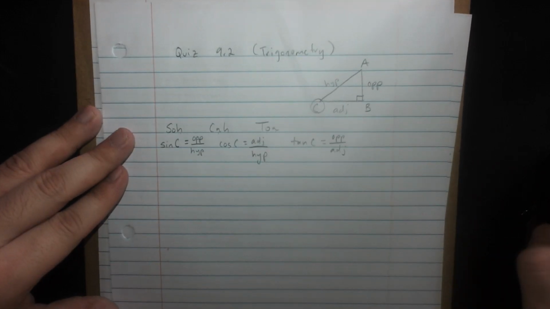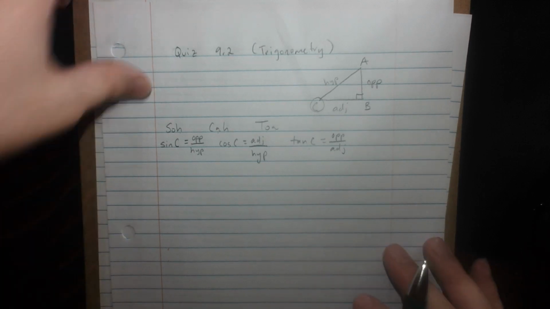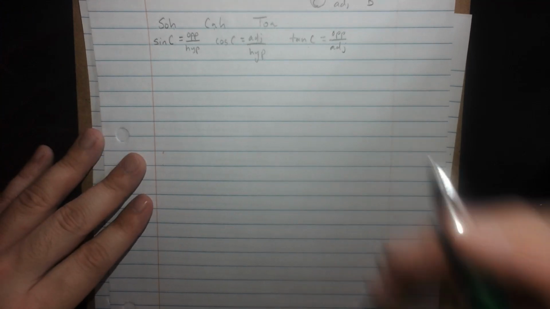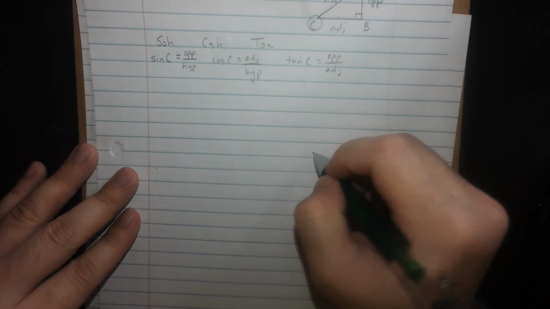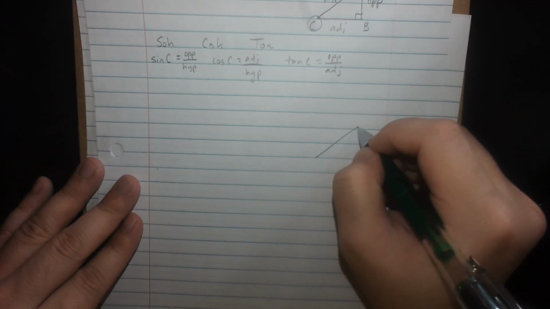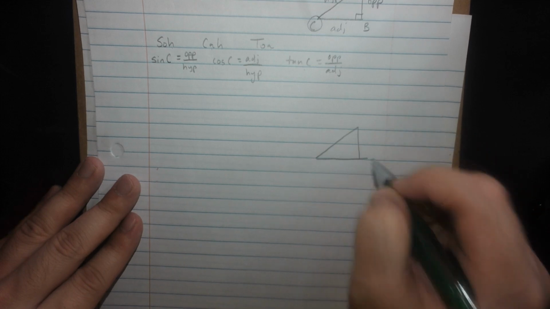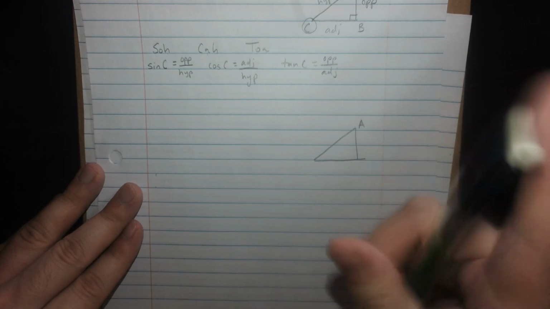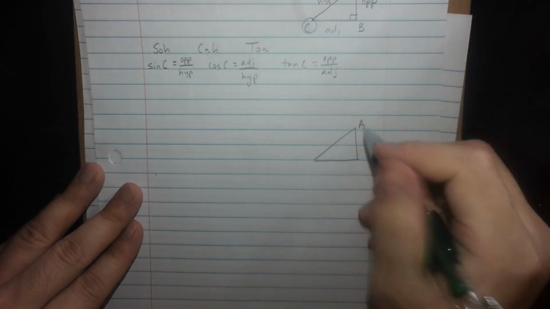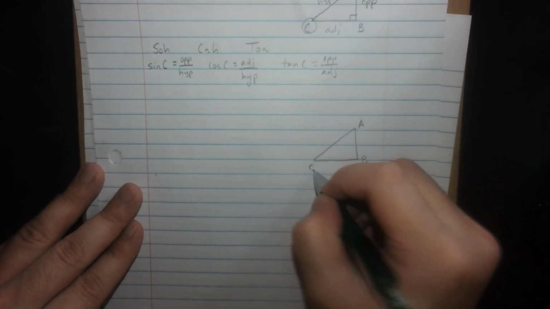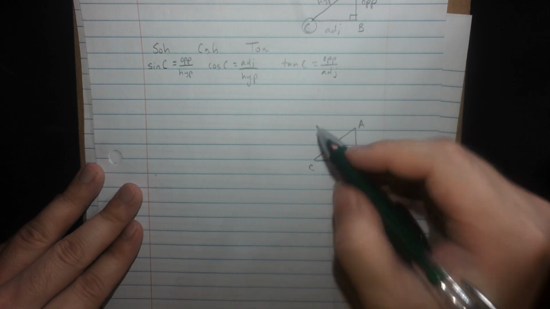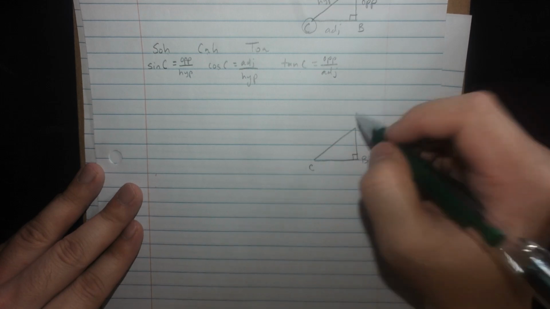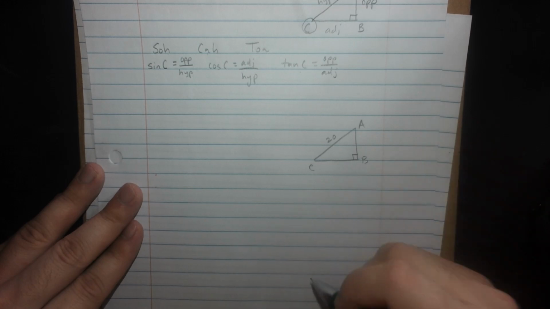So let's go ahead and do some practice problems. So I have a right triangle with vertices A, B, C. And the length of AC is 20, so the hypotenuse is 20.